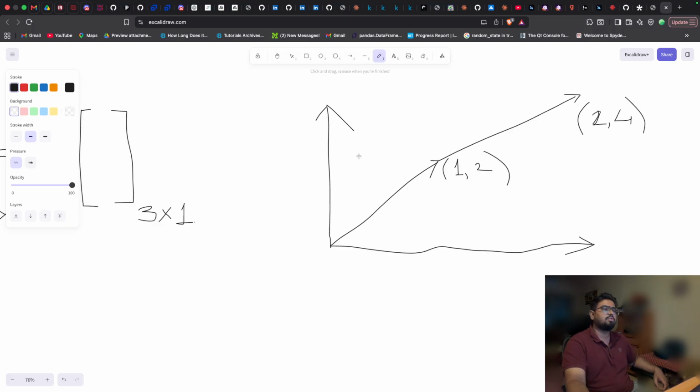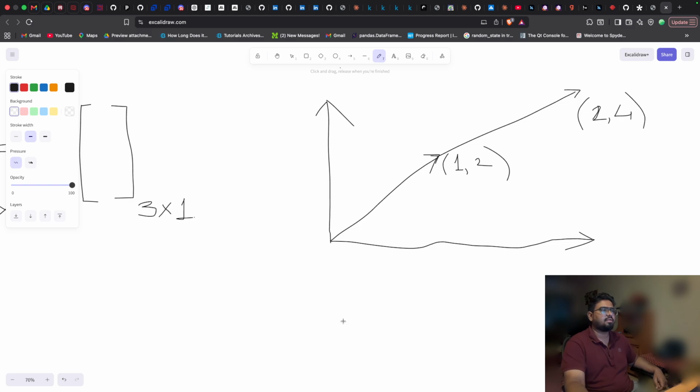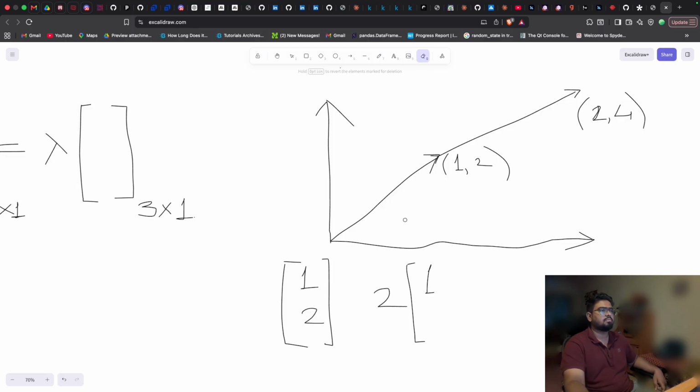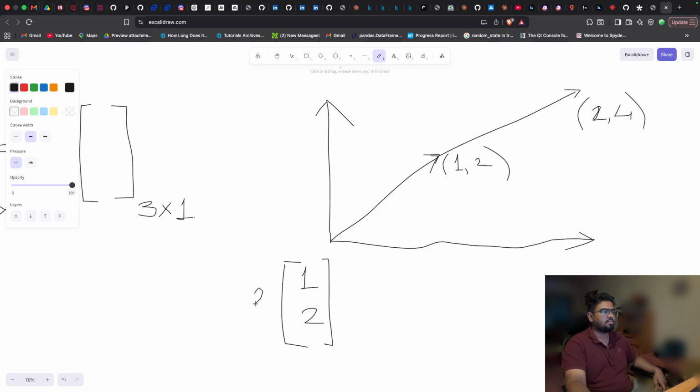So if you closely look here, the lambda is 2, because if I multiply this vector with 2, I get 2 in here and 4 in here. And this is the same vector we're trying to understand.